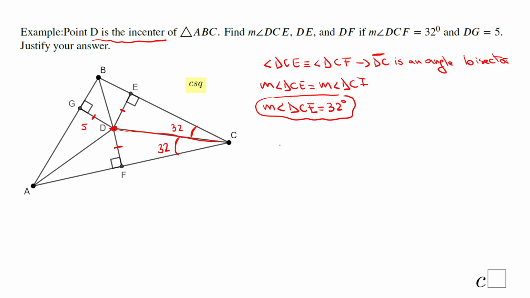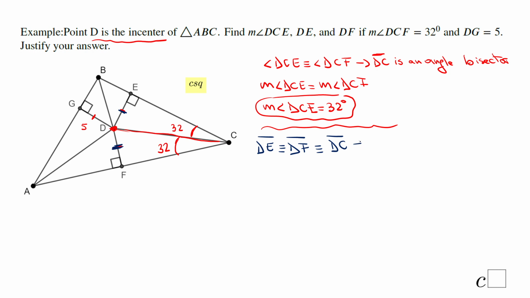Okay, so now we can move to DE. And DE, as I said, is congruent with DF and congruent with DG. Why?